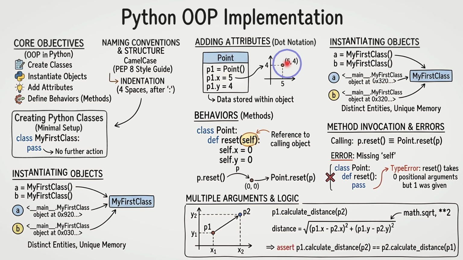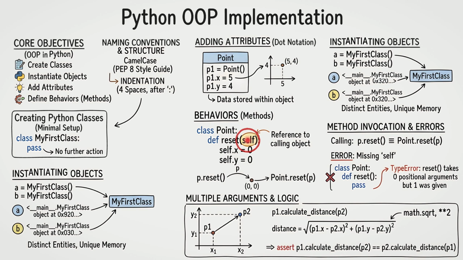Objects also need to perform actions, which we call behaviors or methods. Let's look at defining a reset method for our point class. It's defined just like a standard function, but there is one absolute rule: the self parameter. Every method must have self as its first argument.